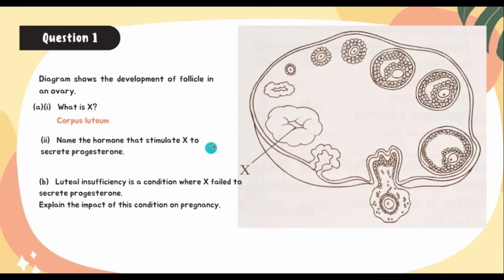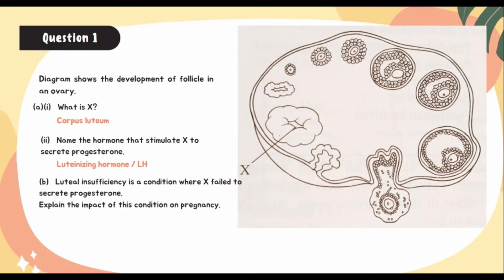So now you have to know which hormone stimulates X, which is the corpus luteum, to secrete progesterone. The answer, for 1 mark, is luteinizing hormone. Okay, good.